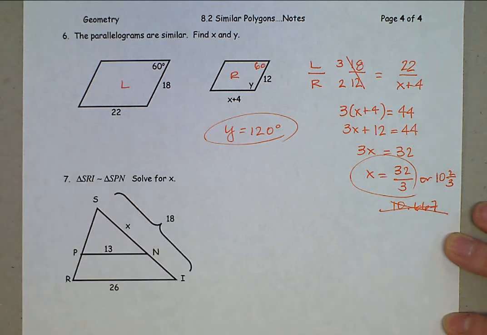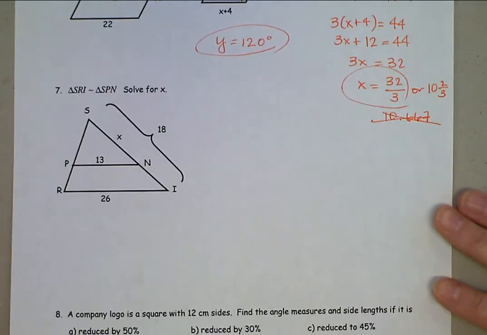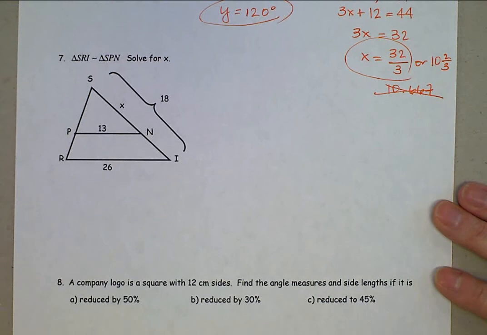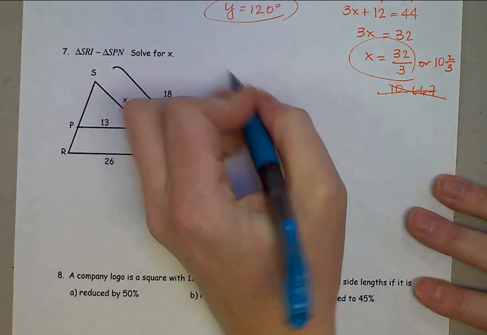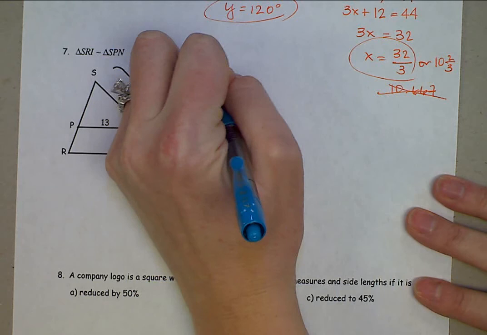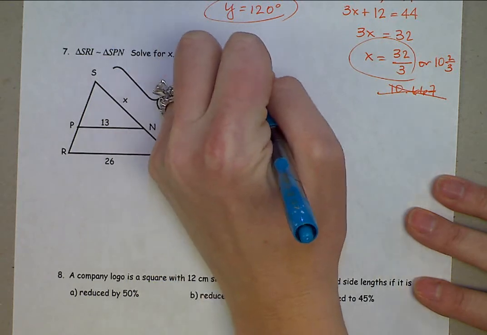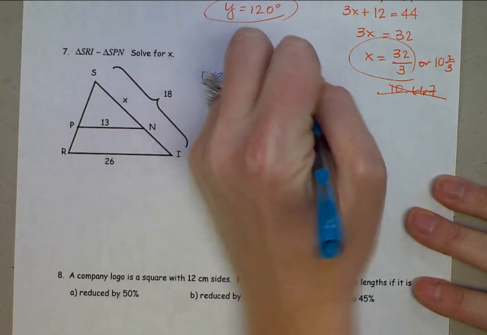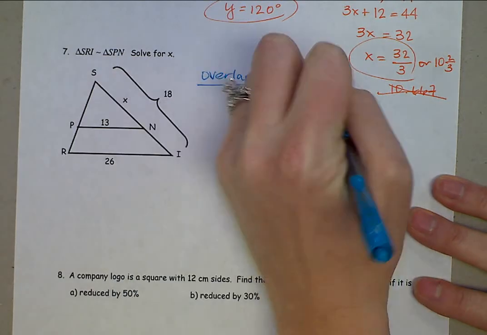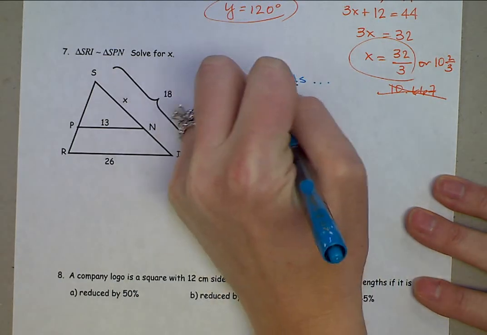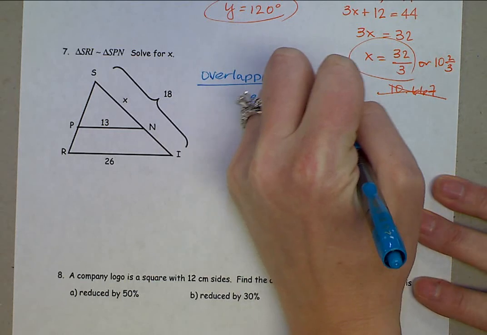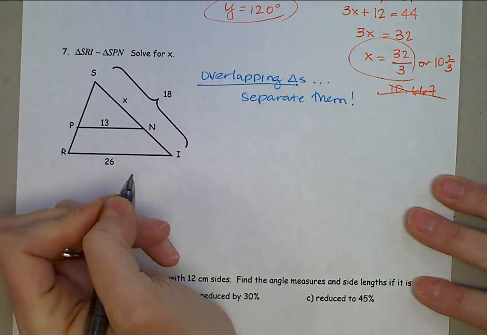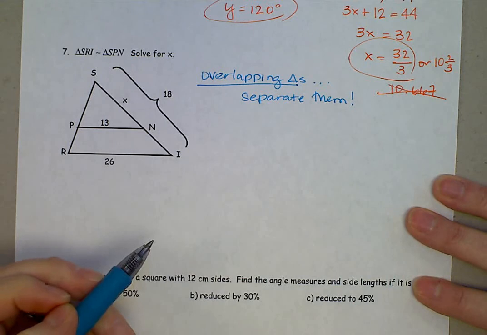In number 7, it tells us triangle SRI is similar to triangle SPN. We want to solve for x. First thing we need to do with these, because they're overlapping triangles, this is really important, you need to separate them. Whenever you have overlapping triangles like this diagram in number 7, you need to separate them.